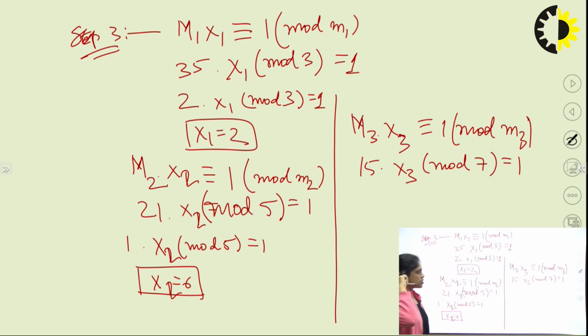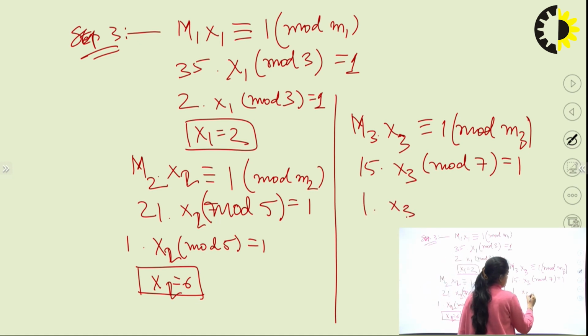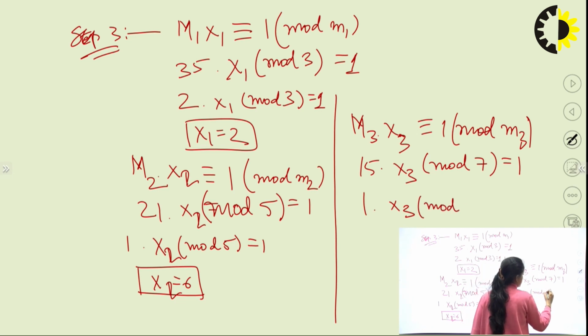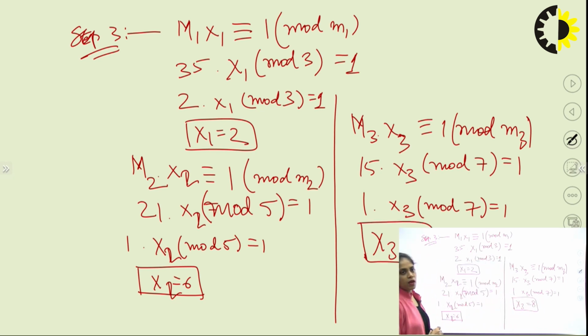When we divide 15 by 7, 7 2s are 14, it will give you 1. And we can take the value of X3 as 8, because 15 times 8 mod 7 gives 1. So these are the three values of X1, X2, X3: 2, 6 and 8 respectively.